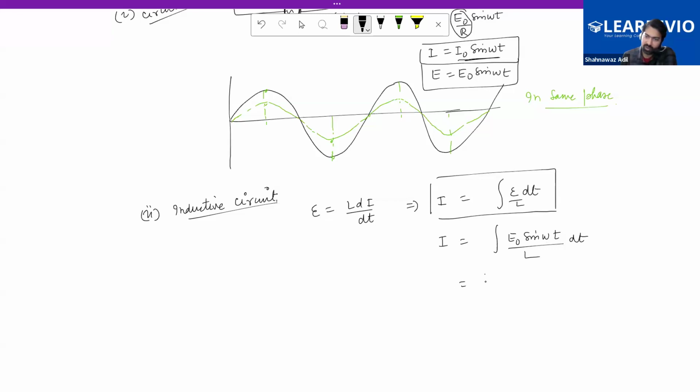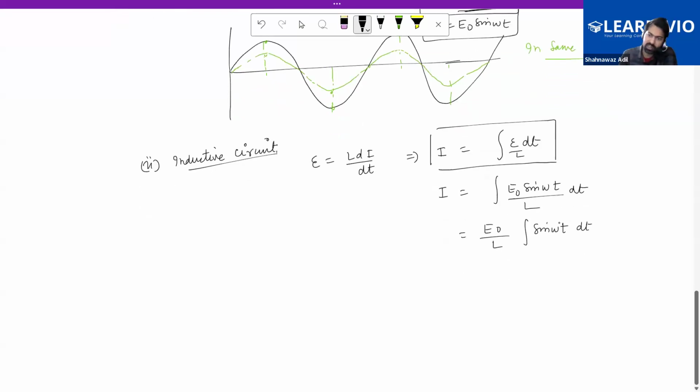So E naught by L we can take outside, and this is the integration of sine omega t. The integration of sine omega t is minus cos omega t, and then you have a division by omega. So this becomes E naught by omega L and minus cos omega t.